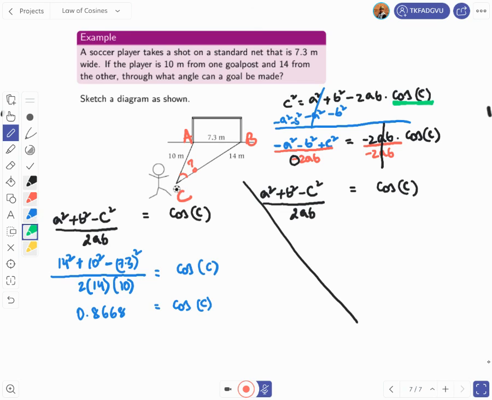Don't forget, when you are computing the angle, you have to swap these two values and put the inverse symbol. Therefore, cos inverse. Don't forget, inverse means the exponent is -1. 0.8668 equals, this is the value of angle C. This time let me show this on Desmos.